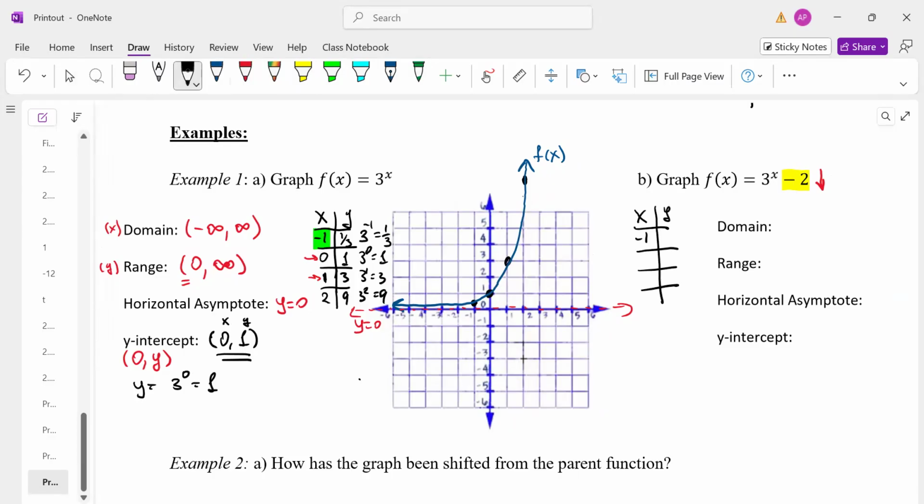We still can use the same x values, -1, 0, 1, and 2, but all of our y values will have 2 subtracted from them. So for example, when we have x equals 1, I'll write this one out. We have 3 to the power 1, but then minus 2. So therefore we'll have 3 minus 2, which is 1. Actually for x equals -1, we have 1/3 minus 2, which is -1 and 2/3.